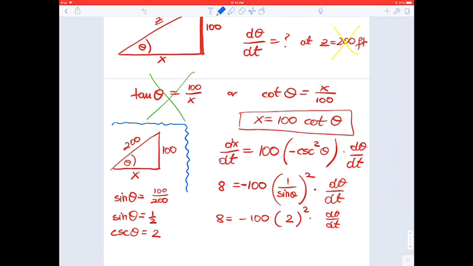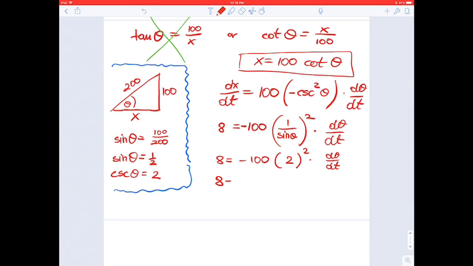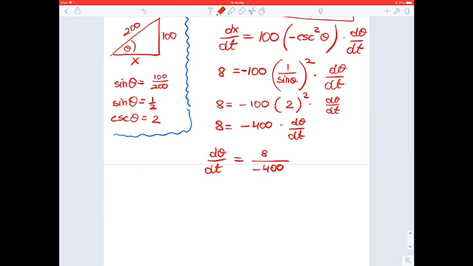Okay, and now what do we have? We do have 8. Negative 2 squared is 4, so 400 d theta dt. Dividing by negative 400 both sides, I will have my answer.